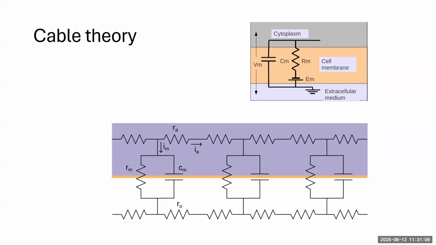And we are saying that per unit axial resistance is ra. So if the total resistance of this block is capital RA, then what will be the per unit value? Resistance is inversely proportional to cross section, so you will have to divide by pi a squared, and then you have to multiply by length.